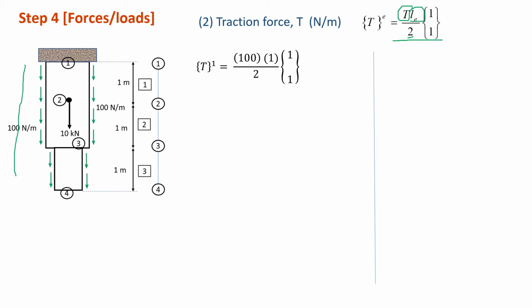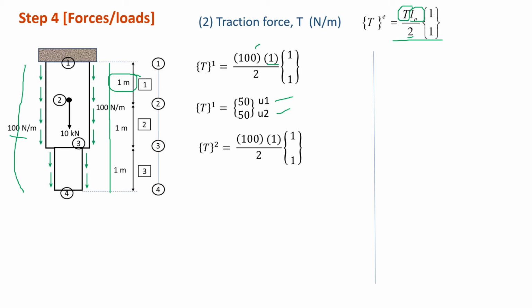Traction force along the sides is the same value, 100, so it should be constant. So we have 100 here from the T. L1 for element 1 is 1 meter. Then we replace this value that we obtain, the traction force for element 1. And please note this notation, U1 and U2, element 1.